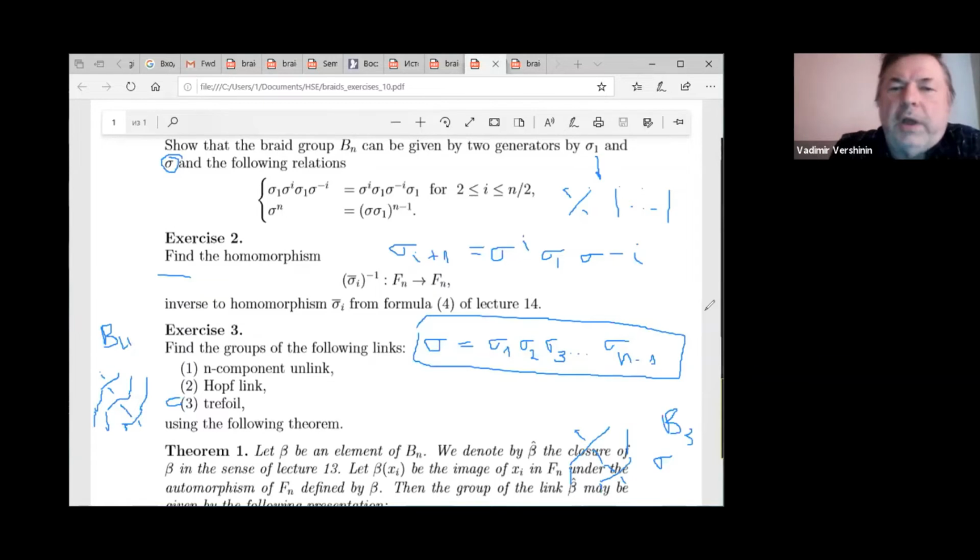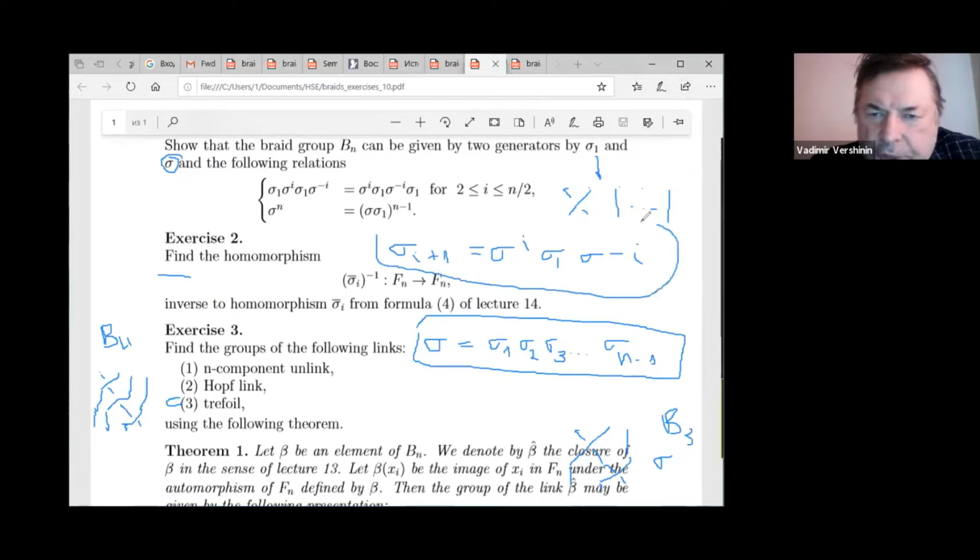So, by the way, why did I make this exercise? Because it gives you understanding that all the generators of the braid groups are conjugate.